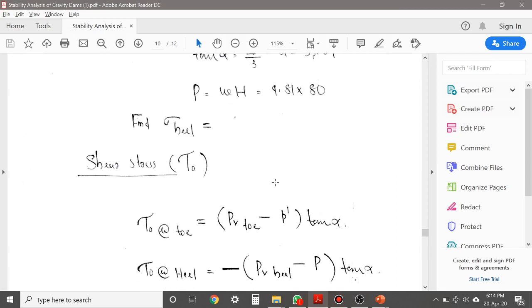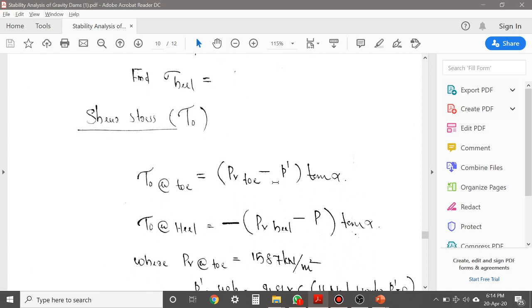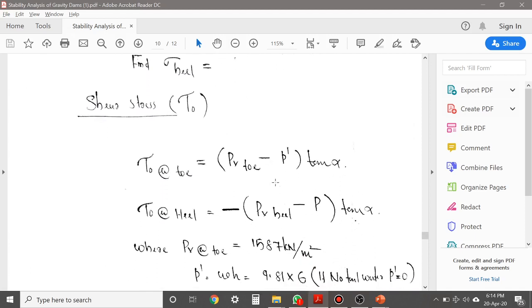Next is the calculation of shear stress. Shear stress is denoted by the letter tau 0. Shear stress also you can calculate at toe and heel. You will see the equation changes at toe and heel. If it is shear stress at toe, this will be PV toe.